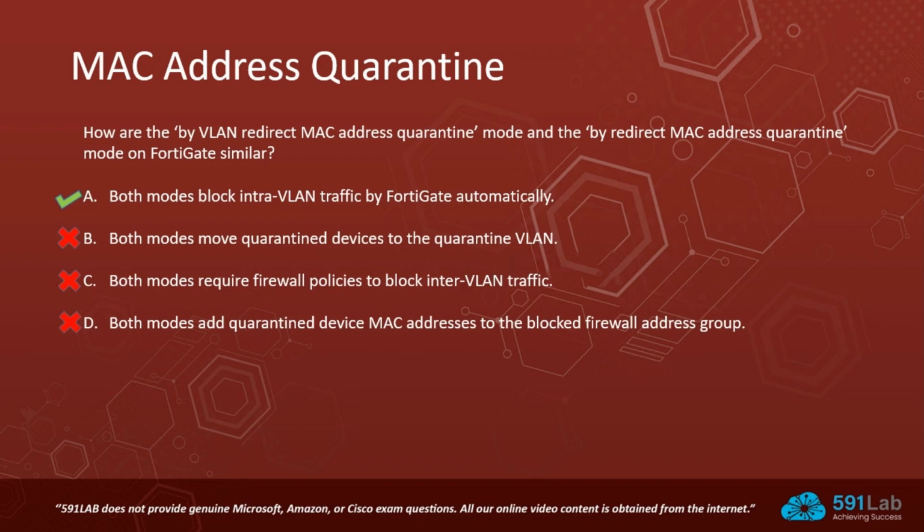This answer also incorrect. So after looking at all four answers given, we can consider that the answer A is correct. Further information related to MAC address quarantine, you can study more on FortiSwitch 7.2 study guide, starting page number 263.